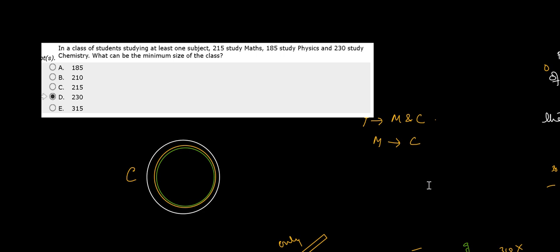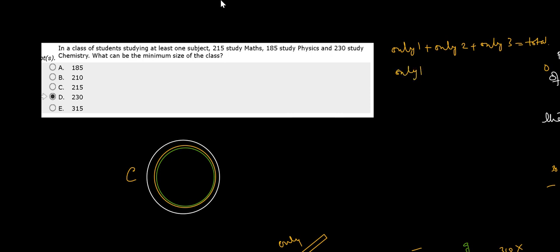Now, if I look at it from the equation point of view, this one is easier to visualize graphically, right? We can also do the same thing using the two equations. We know only 1 plus only 2 plus only 3 is the total number of students, and only 1 plus twice only 2 plus thrice all 3 is 630.